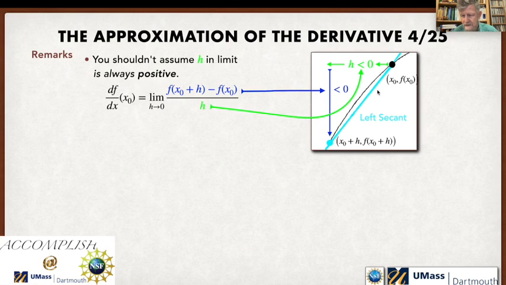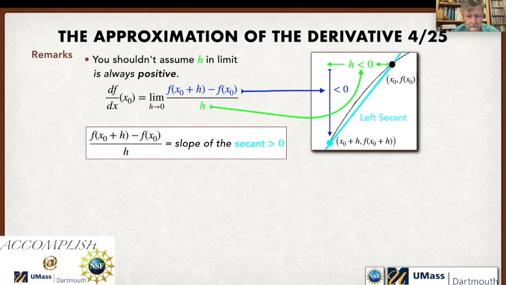So this is a left secant, and it has positive slope, and that makes sense because both the numerator and denominator here are negative, so the ratio is positive. And just to remind you of that, I've expressed it this way. The slope in this situation, the slope of the secant, is positive.